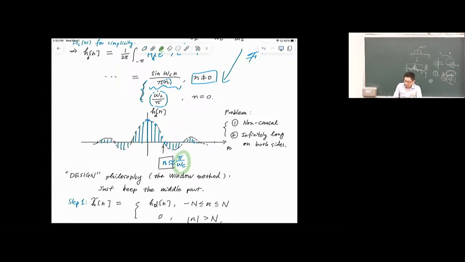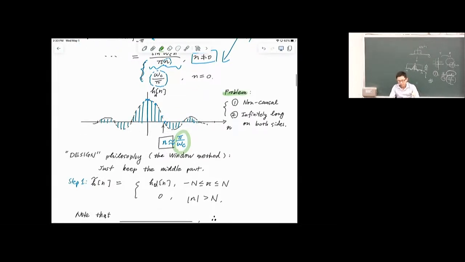So there are a few problems right here. First, this impulse response is non-causal. The ideal low-pass filter is not causal because it has some non-zero samples before time 0.